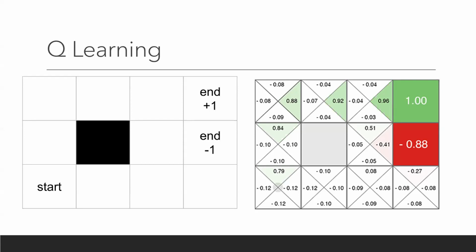So here you can see at the start state, for the up, down actions, 0.79 is the maximum. So the Q learning says it should go up, and then at the upper state 0.84 is the maximum.